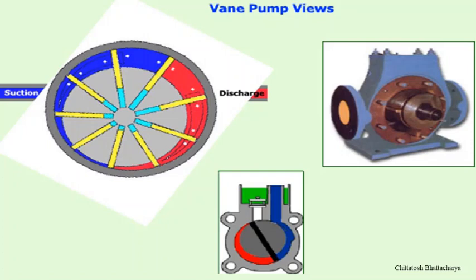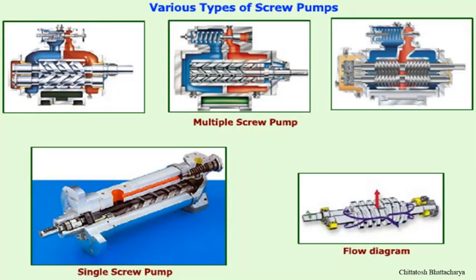Screw pumps are a special type of pump where we have 2 screws or 3 screws fitted within the casing in such a way that there may be one driving screw and the others are driven screws.